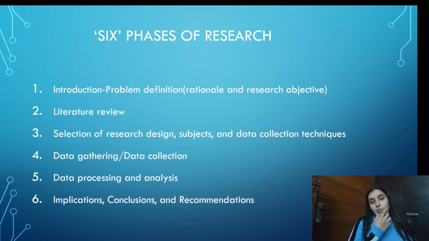So every time you are about to do a PhD or write a paper, you have to study what has happened till date, critically analyze it, say no, there is still a gap, and I am going to fill that gap. This is the rationale or justification of doing the research.